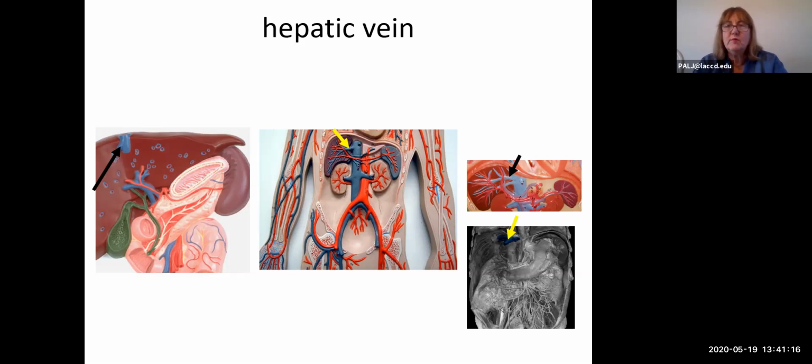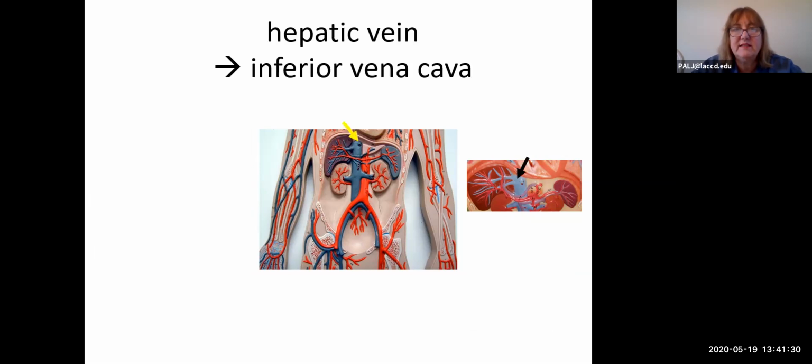So it's super important that you write hepatic portal vein if you mean the hepatic portal vein, because otherwise you are talking about this structure, which is just the hepatic veins. And all the hepatic veins then drain into the inferior vena cava. This is the last blood vessel entering the inferior vena cava. Immediately after this, the inferior vena cava goes through the diaphragm and dumps all the blood into the heart.